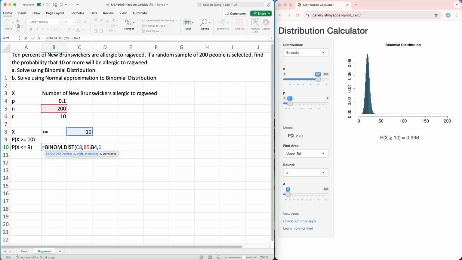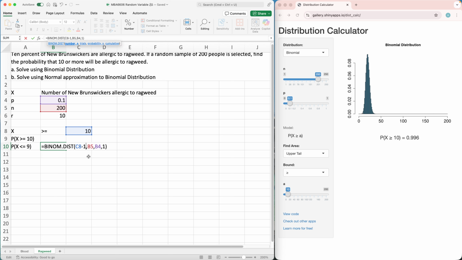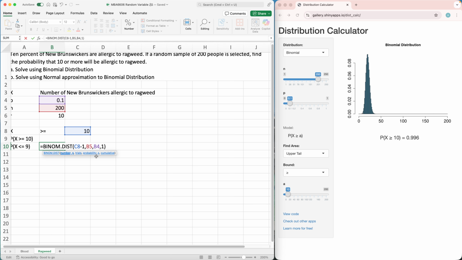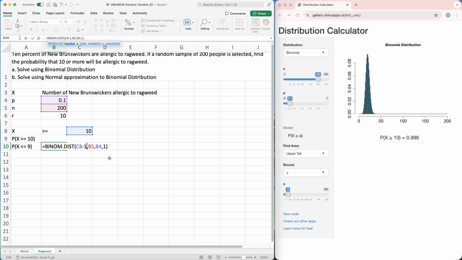This should be a comma. Now we cannot use 10 because that will include the 10 on the lower side, so I will say minus 1. So I'm looking at 9 successes cumulative among 200 trials, with each trial having a success rate of 0.1, and cumulatively we are going to calculate it. So we get 0.003529.